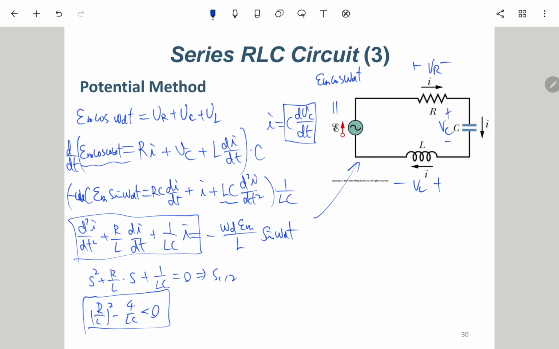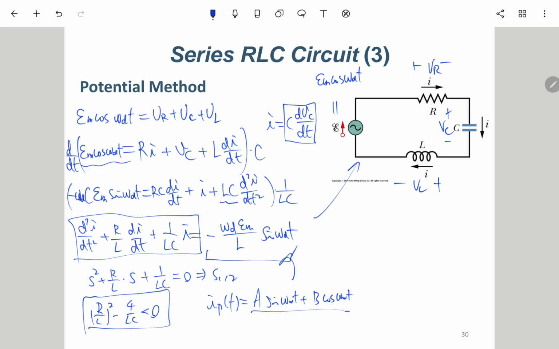Then we will get complex values for s1, s2, and we can write out the complementary solution. Then you can let I(t) be A sine of omega_d t plus B cosine of omega_d t, and plug this back in to solve for A and B. So this will be a very tedious job.